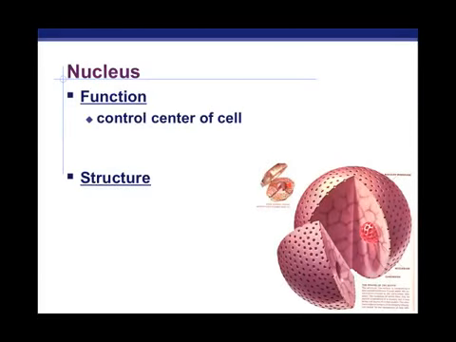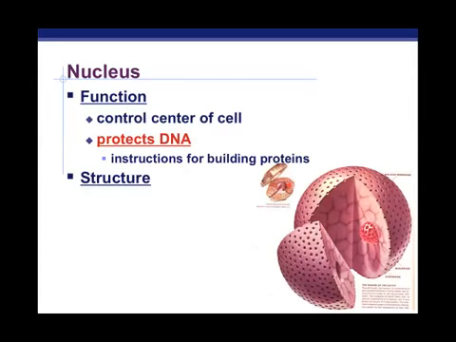The nucleus is the control center. It's not necessarily in the center of the cell, but it is what houses the DNA. It protects it. There is a nuclear membrane which has pores that encloses the nucleus.